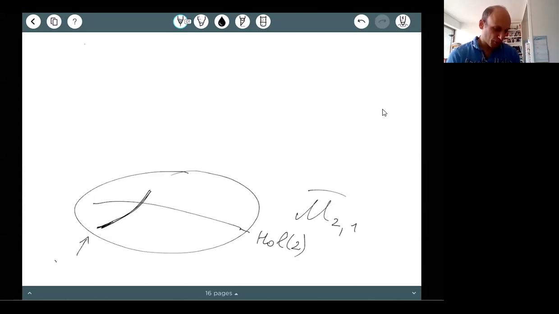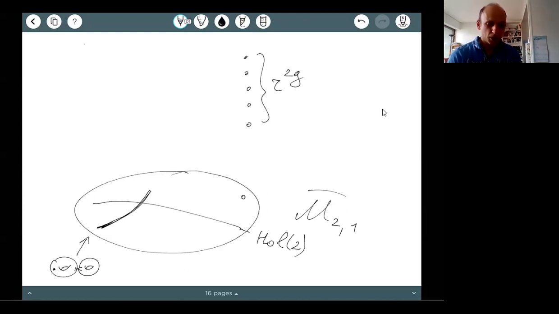So this is the locus of curves like that. So over a generic point, here I have R to the power 2G points corresponding to different L's, but none of them corresponds to the trivial line bundle. So no trivial line bundles.